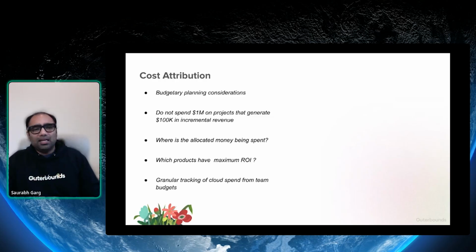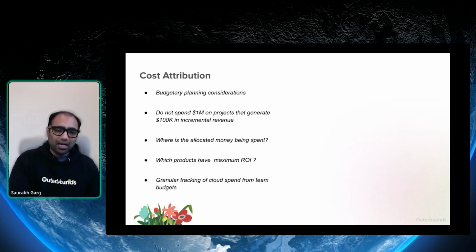So you don't want to spend $1 million on projects that generate, let's say, only $100,000 in incremental revenue. You want to understand where the allocated money is being spent, what products have the maximum ROI, and what the granular tracking of cloud spend from team budgets is.